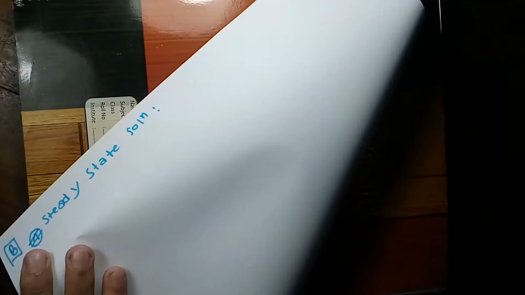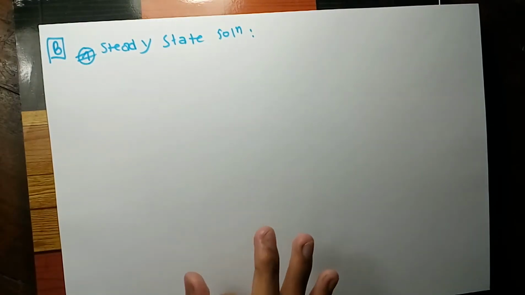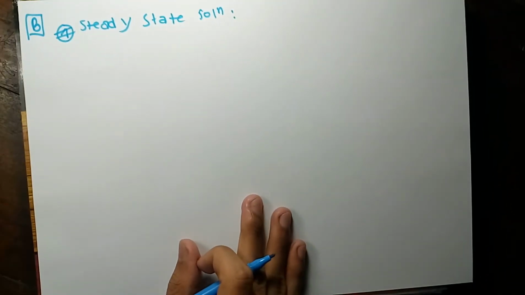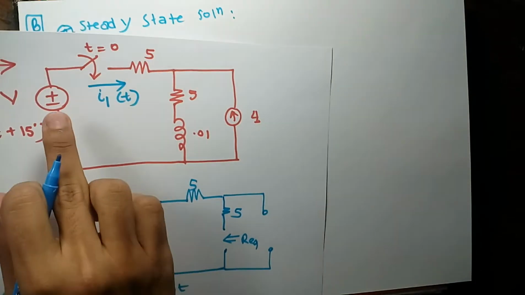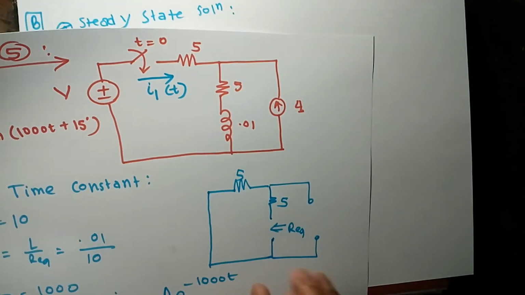Now we have to find our steady state solution, how the circuit looks in steady state. As there are two portions of the source, AC and DC, we will use the method of superposition.